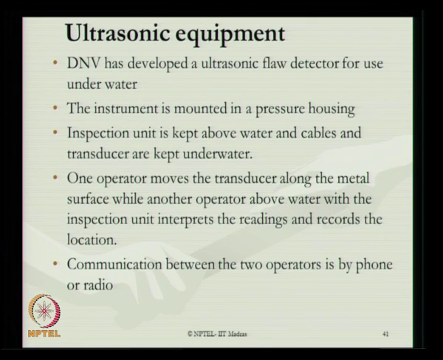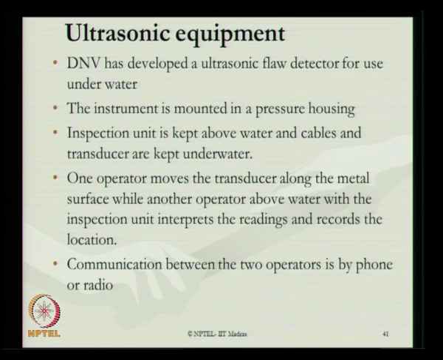Look at the ultrasonic equipment. DNV has developed an ultrasonic flood detector for underwater use. The instrument is usually mounted in a pressure housing. The inspection unit is kept above water, and the cables and transducers are kept underwater. One operator moves the transducer along the metal surface while another operator above water with the inspection unit interprets the reading.